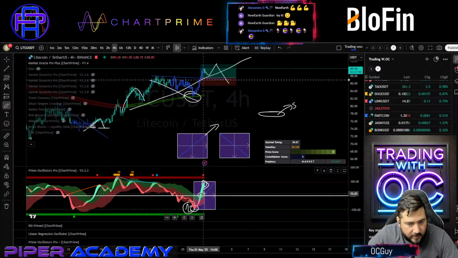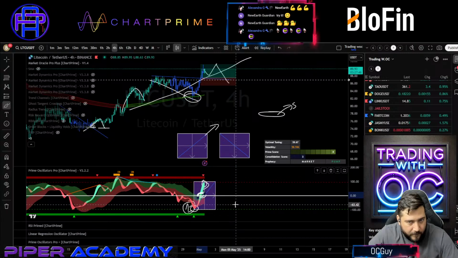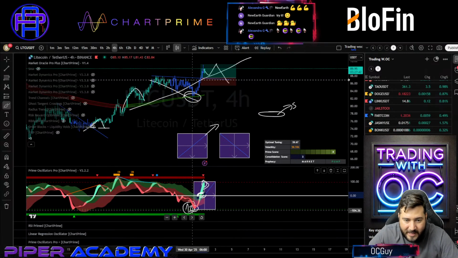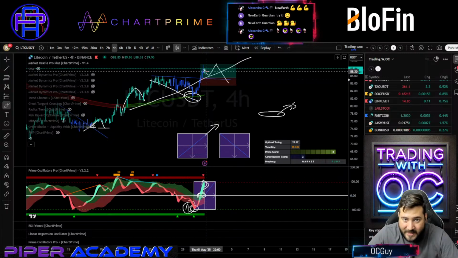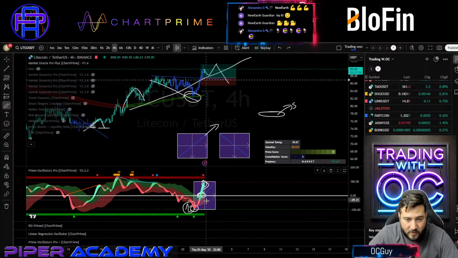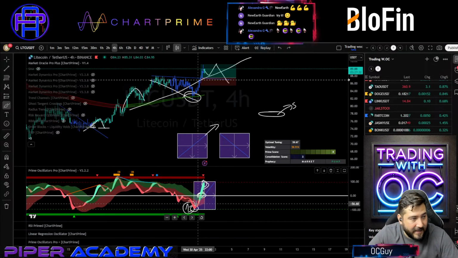Second in the list is they drive through this area. So far it's playing out, not having a retest. I was thinking we'd have a minimal retest, no retest, and now we're moving upwards. We'll see what happens. So far this analysis is playing out.